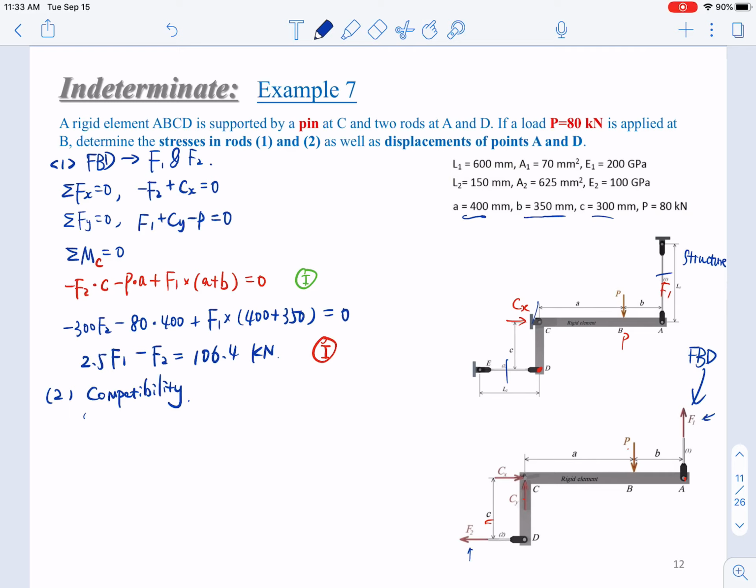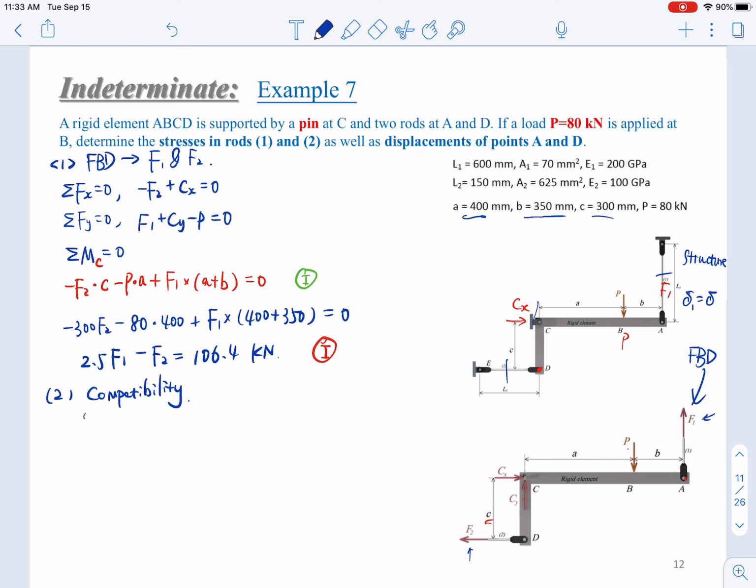Right? The delta 1 is the deformation of rod 1. And delta 2. Delta 1 is delta AB.